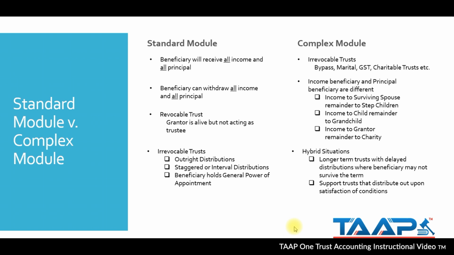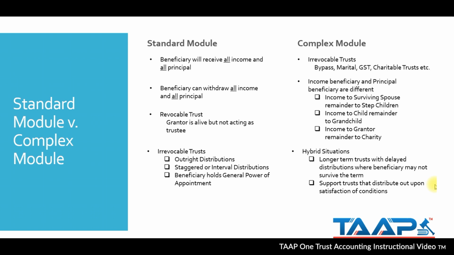In the complex module, it's a little bit different. For instance, in our bypass trust, marital trust, etc., they are specifically designed to have two beneficiaries: an income beneficiary, and then a remainder beneficiary. That relationship is going to be definite and certain. In our hybrid situations, for our longer term trust that's going to be held in trust for 25 years, if the primary beneficiary survives that term, then he or she will receive the distribution.